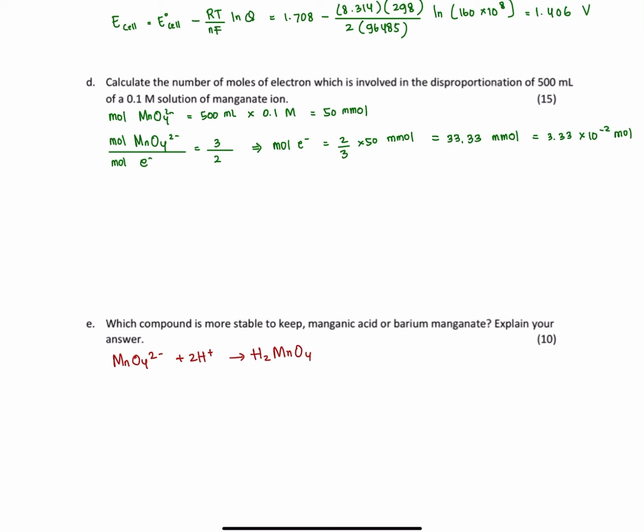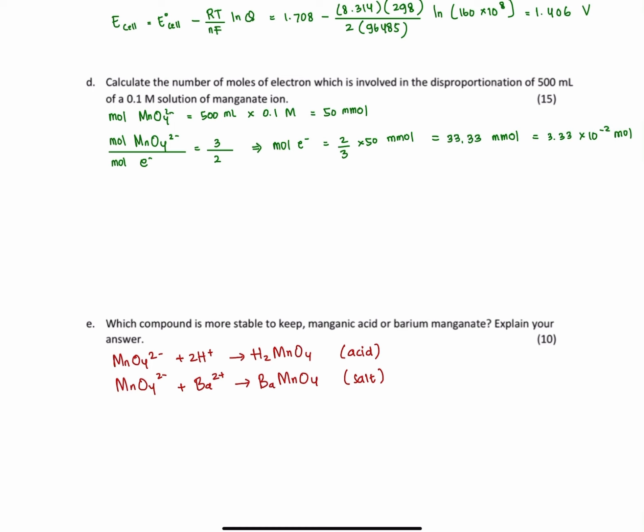And then another one is the barium manganate. So this is barium 2 plus. So in this case we have barium manganate. Okay, so now let's take a look. Here we have an acid, and the other one is a salt. So this one is acid, and this one is salt.